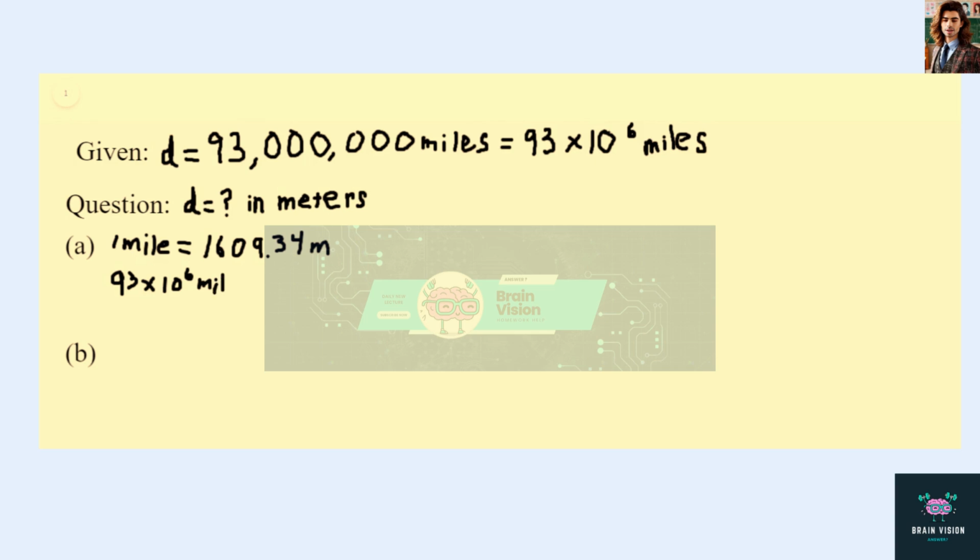So we have our 93 times 10 to the 6 miles, multiplied by our conversion, which is 1,609.34 meters for every mile. That's per 1 mile.